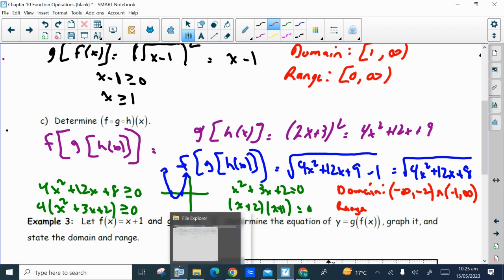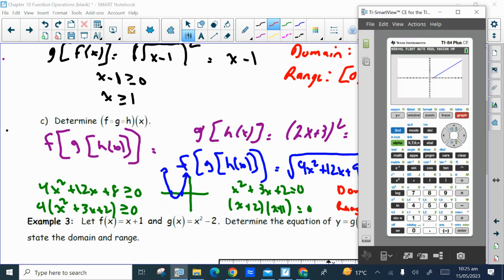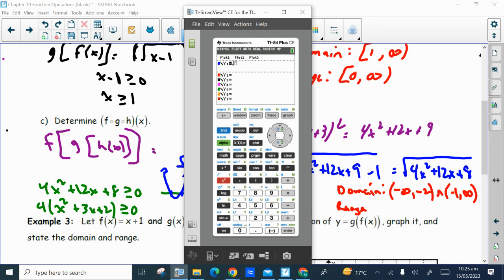You can also use your graphing calculator to help. We'll put that equation in the square root, the square root of 4x squared plus 12x plus 8.